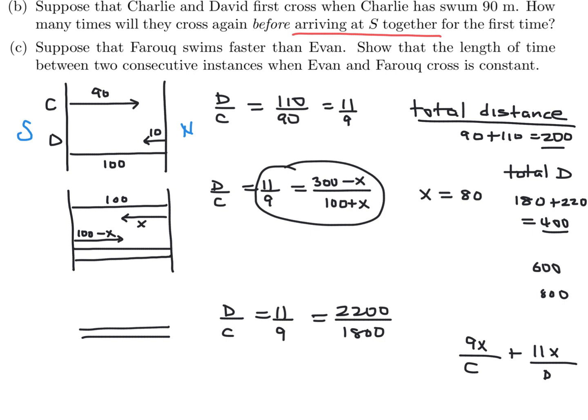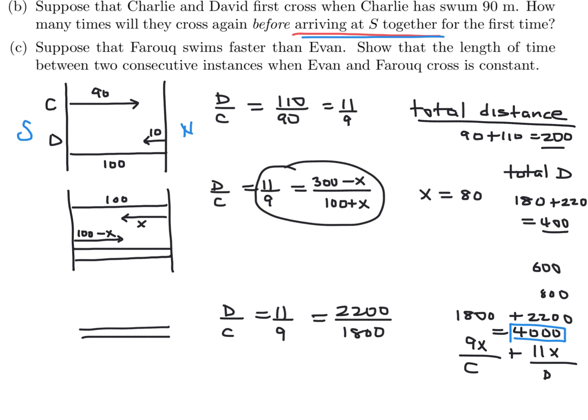Is that right? Yeah. So then this distance is 1800, and this distance is 2200, and of course that totals 4000, and that's consistent. Okay, I got it. So that means this is when they meet back at S, when their total distance is 4000.